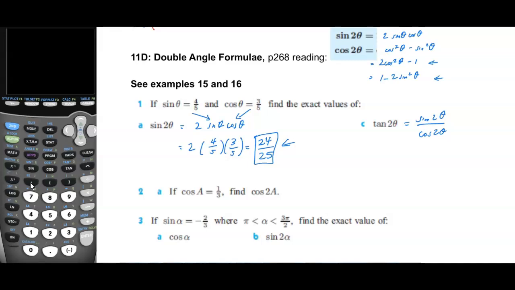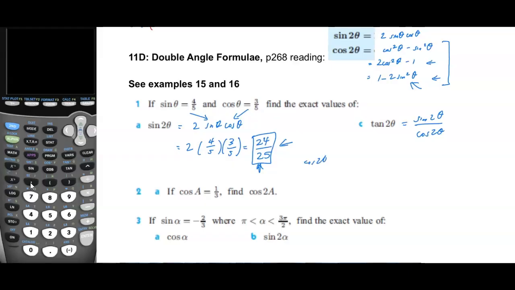Okay, so we're going to use one of these three formulas. Which one do we want? Well, I think it's easier to use this one because we already have the value for sine theta. Okay, so our cosine 2 theta identity is going to be 1 minus 2 sine squared theta. So it'll be 1 minus 2 times 24 over 25.